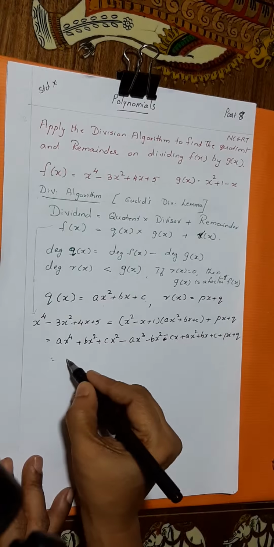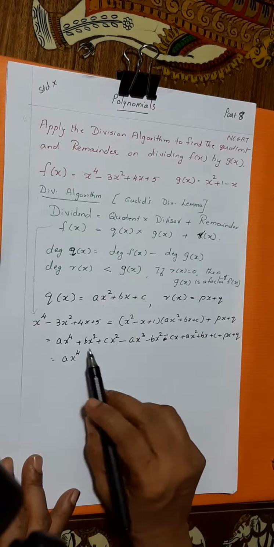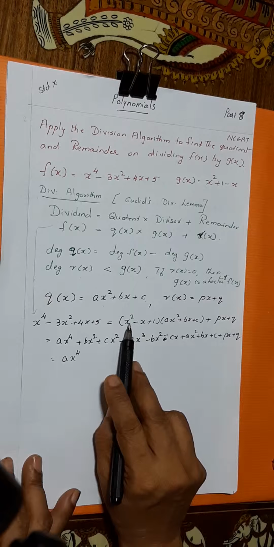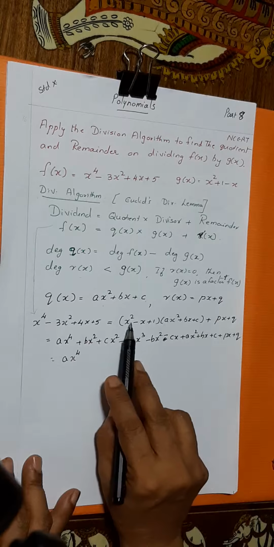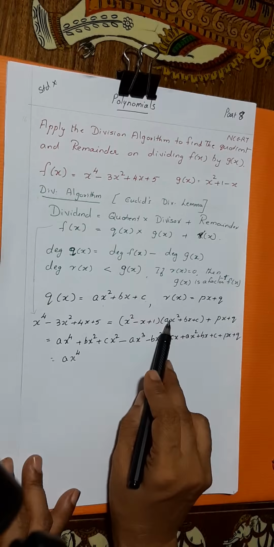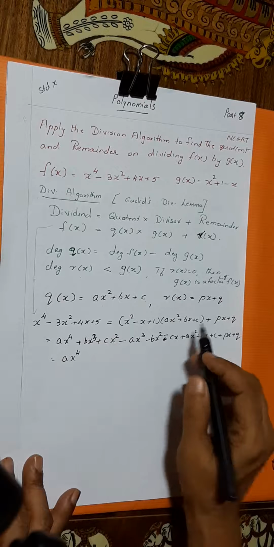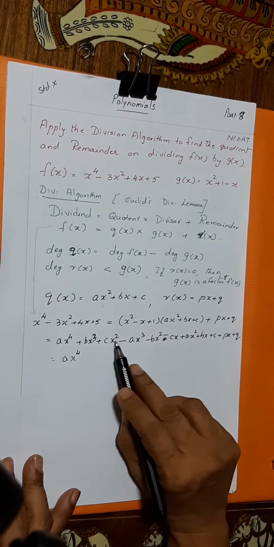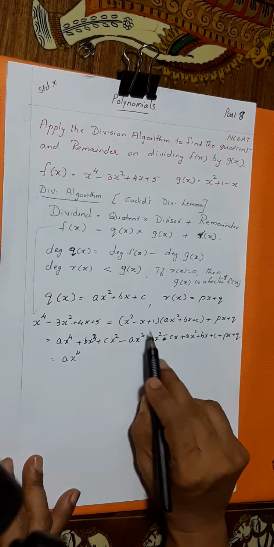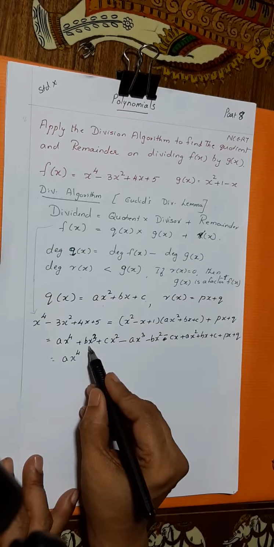So this will be equal to ax to the power of 4. Now all the x cube terms we will write together. Bx cube, I made a mistake, bx cube plus cx squared minus ax cube minus bx squared minus cx. So ax to the power of 4.